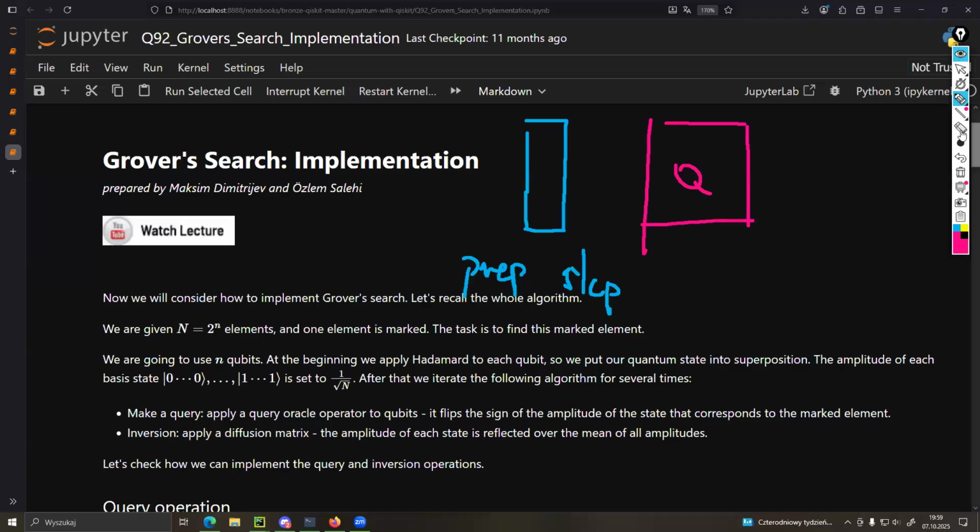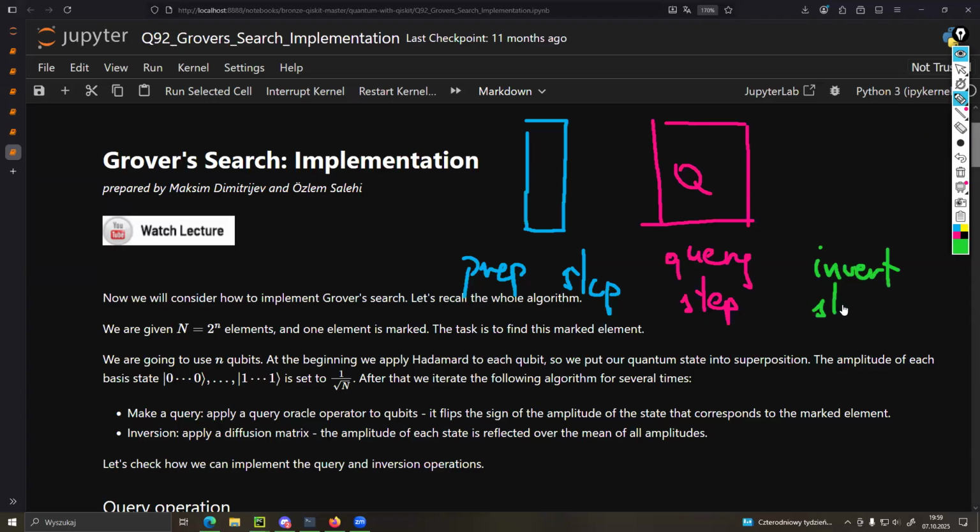So our Q, which is the query step, then the invert step, right?